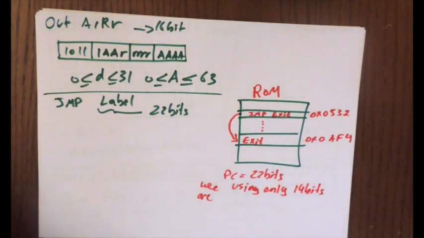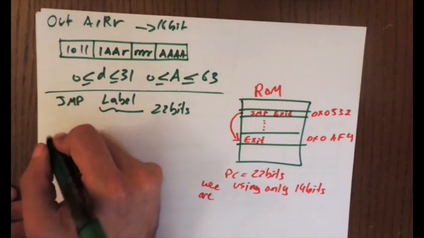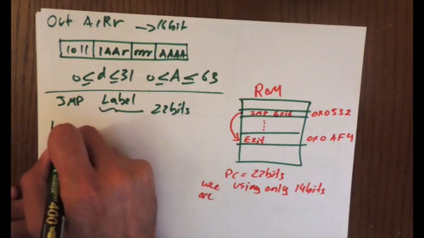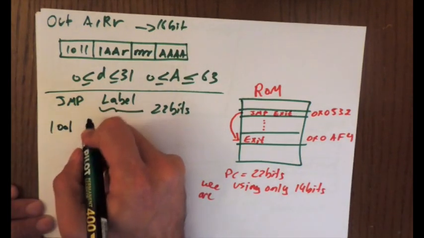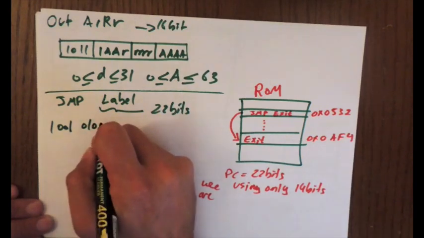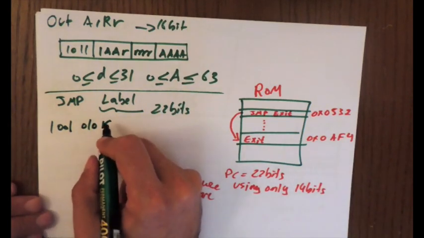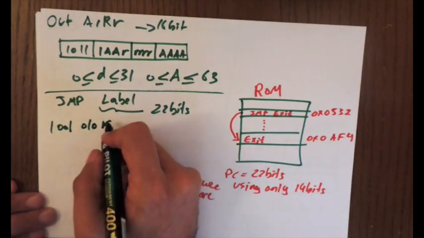Okay, so if I go ahead and check the binary representation of jump, it's going to be 1001, and then we have 010 K. I'm going to write directly the subscript of it.